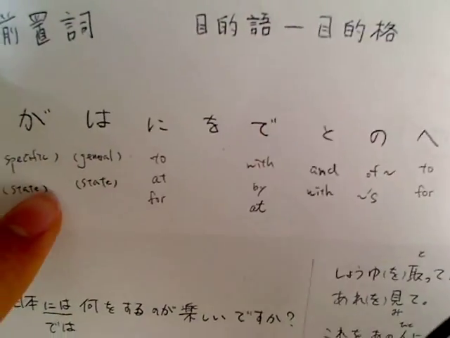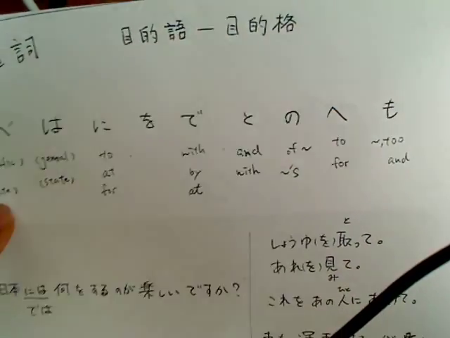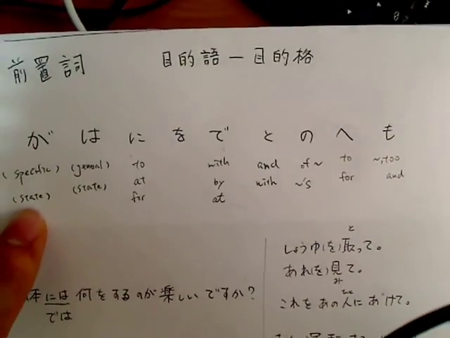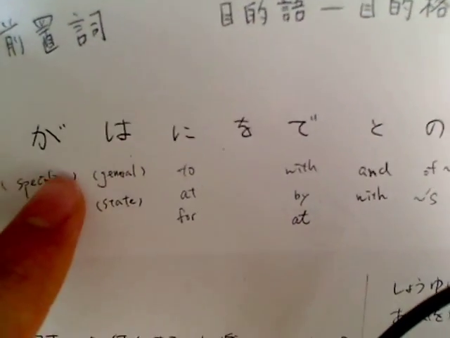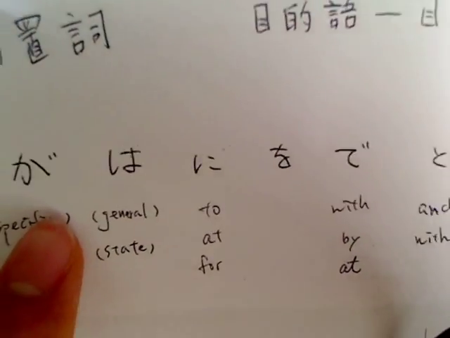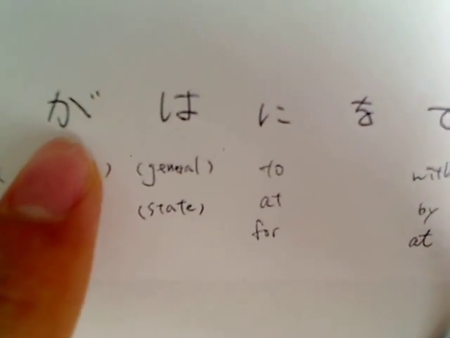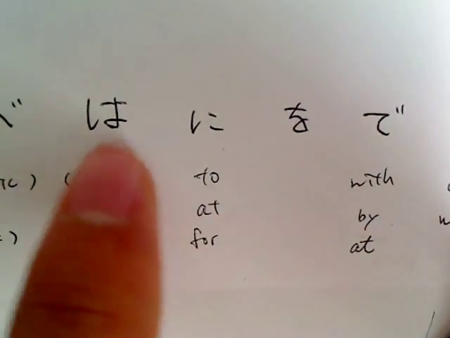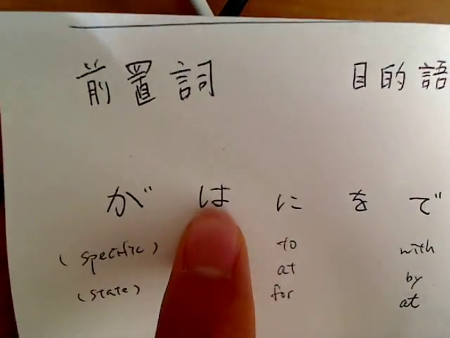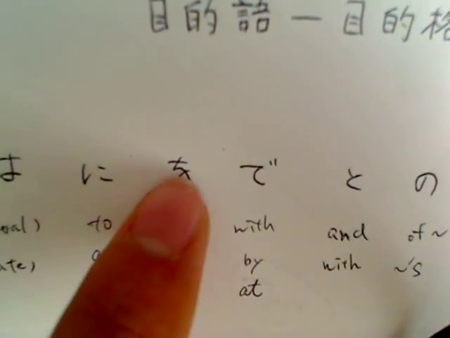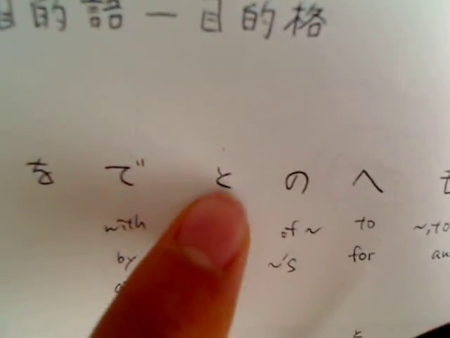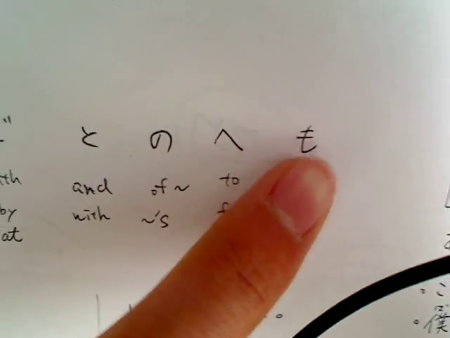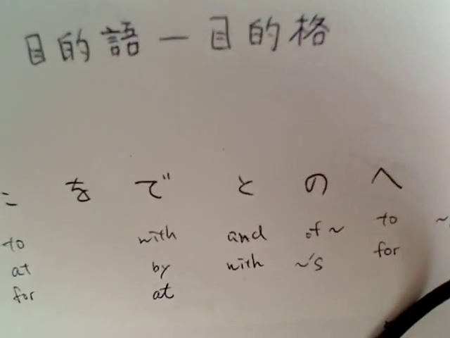These are, I think, all, but maybe there can be others. So ga, wa, ni. This is not ha, when talking about zenjishi. Wo, de, to, no, he, mo. Maybe these are not all, but I don't know.